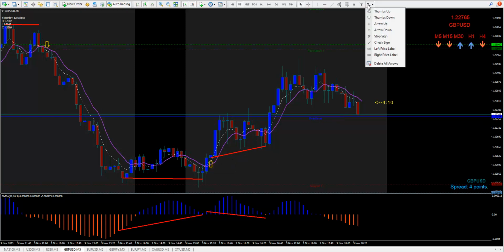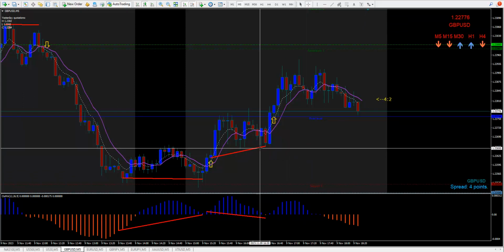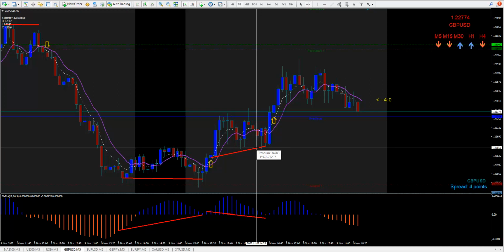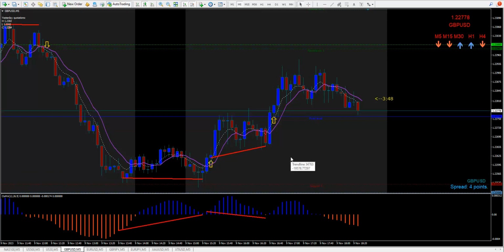And we would have got in right there. I know it's not the best entry point, but this is how my system works, and it works fine. No, we don't get in at the bottom. We don't pick bottoms. Anyway, stop would have been 12 pips, and it went up 15 right there. Okay?